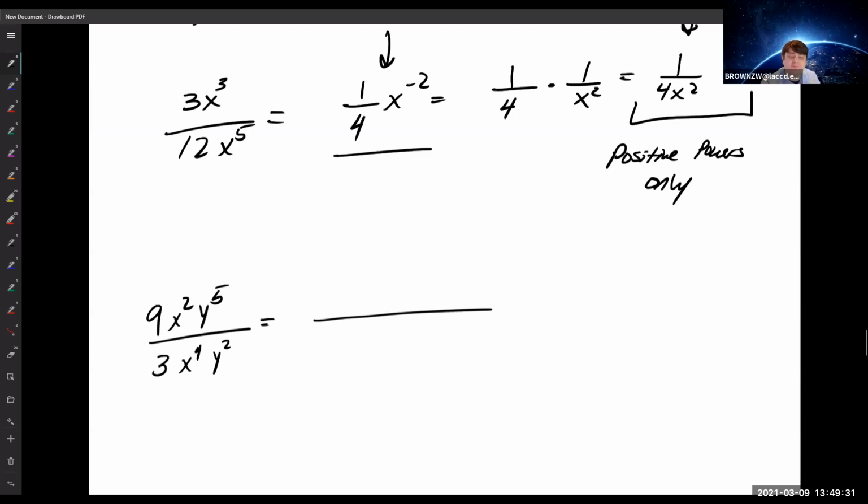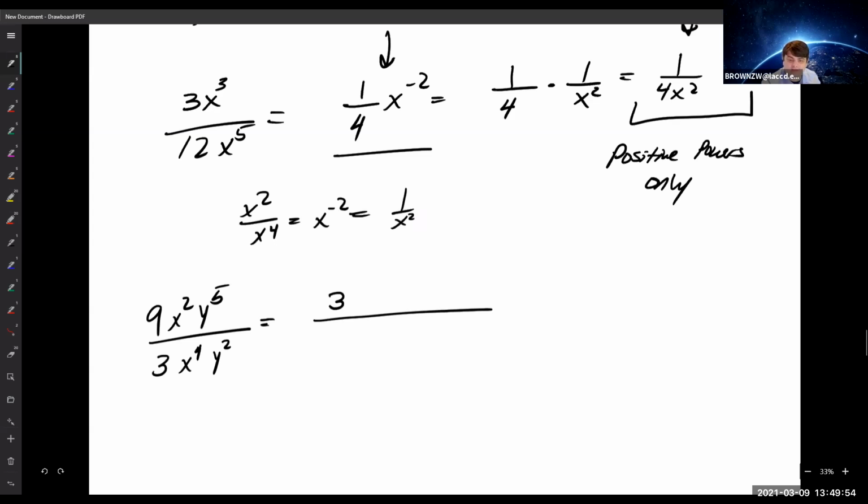The rule of thumb is whichever one's bigger, that's where the result's going to end up. So we have 9 over 3. Well, the 9 is bigger, so that 3 is going to go up top. Now, technically speaking, if we have x squared over x to the 4th, if we subtract that, that would leave me with x to the negative 2, or 1 over x squared.